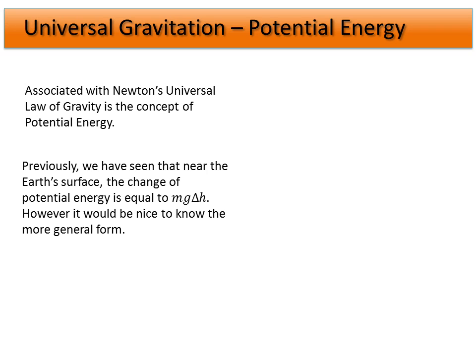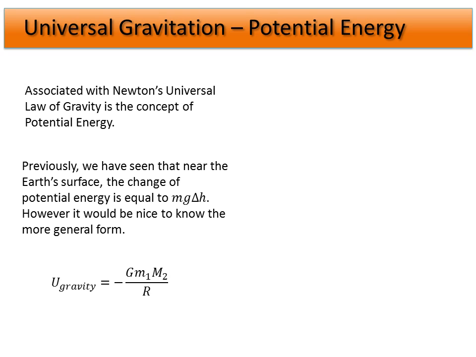Why? Well, you guys probably don't care too much about the actual derivation of this. However, what actually comes out of it is important, and this is something that you guys are going to be expected to know. So we have that the potential energy due to gravity between two objects is given by negative G m1 m2 over r.